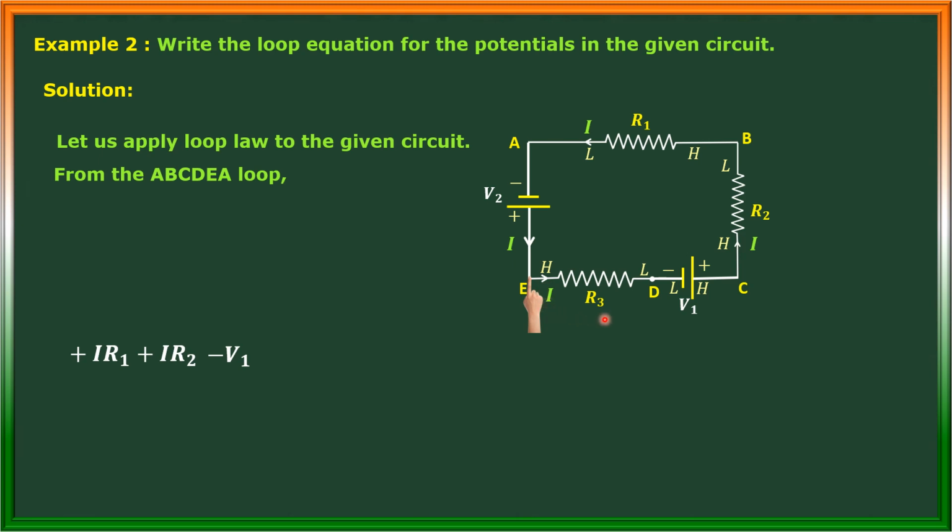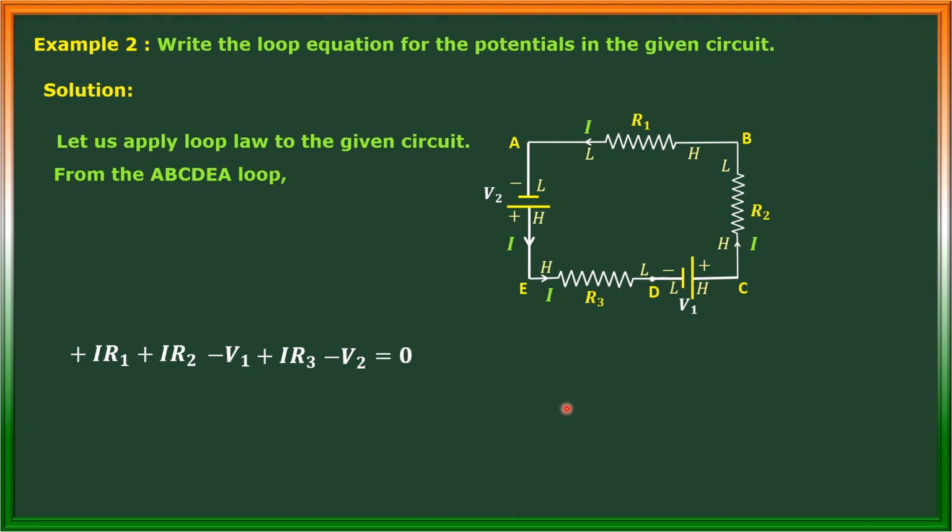So take the potential difference across this resistor as plus IR3. Next, plus to minus, E to A. So I have moved from H to L, higher to lower. So potential decreases. So take the potential difference across the terminals of this battery as minus V2. So this is equal to 0.